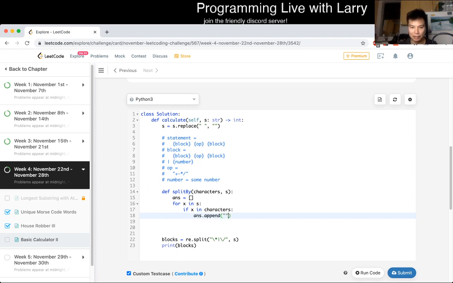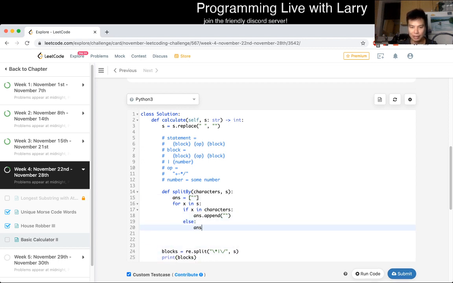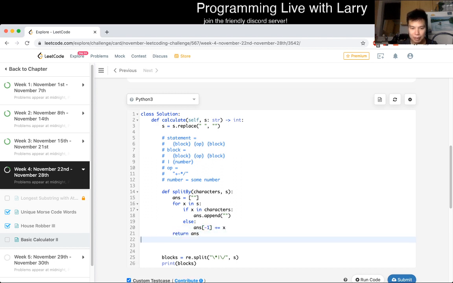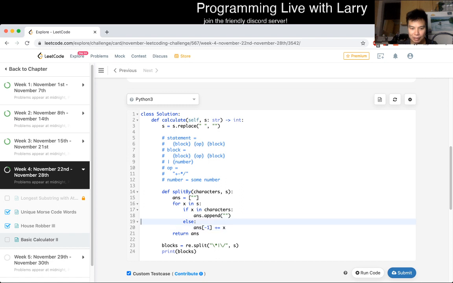We add an empty string, else we take the last character and append to it. But this does the same thing in that it doesn't give us the token, right? So let's make sure that we do that, but let's make sure that it works first.